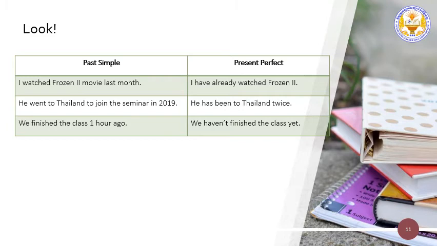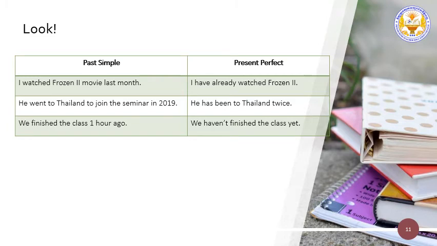I mentioned the time, so I must use past simple tense. But if I just want to tell about my experience, I don't want to tell the time that I watched the movie, so I just say I have already watched Frozen 2.